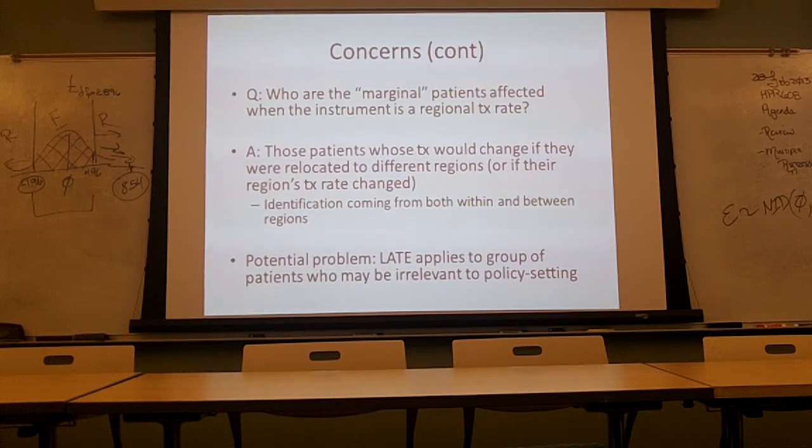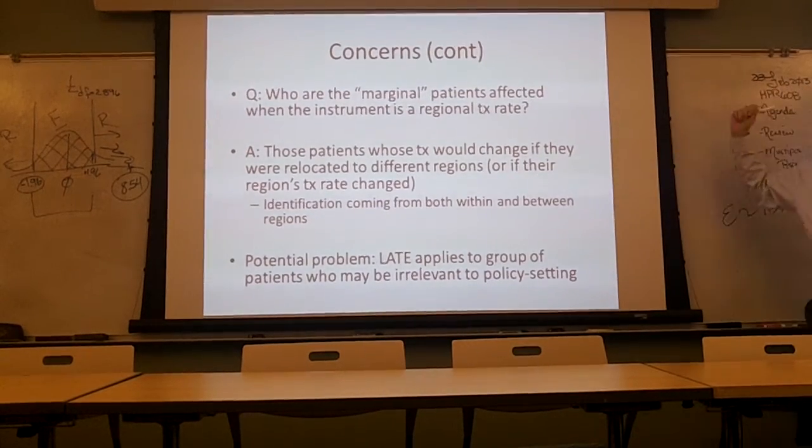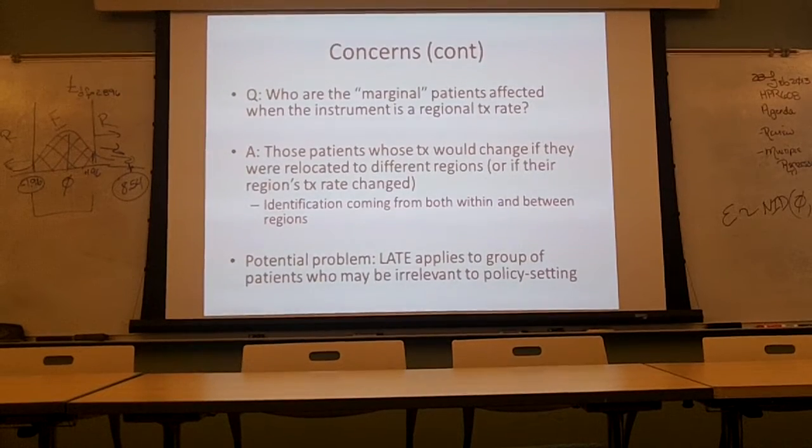We've shown it for CAF, it's a function of the fact that we chose this, we got a result based on regional CAF rate as the instrument. Does that mean we should always go with regional treatment rate for procedure X is going to give us a replicate of the RCT? I don't think there's enough evidence to suggest that that's right.